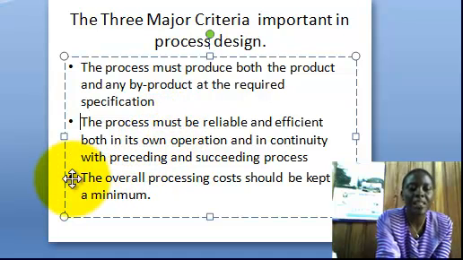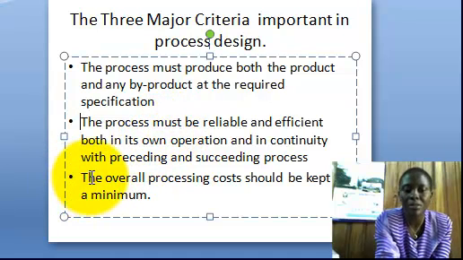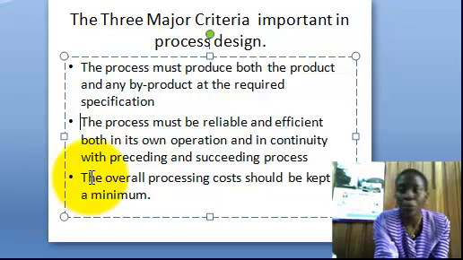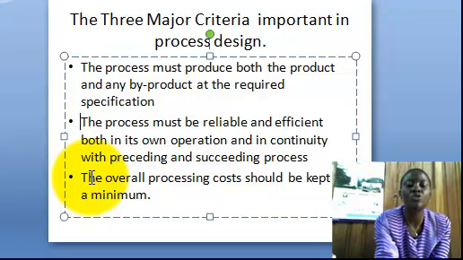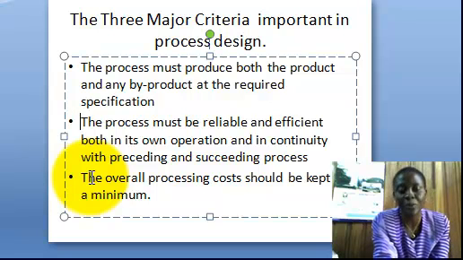And thirdly, the overall processing cost should be kept to a minimum. You don't produce to run at a loss. You produce to make gains. And you try as much as possible to keep your processing costs to the barest minimum so that you don't process beyond what you can actually manage.